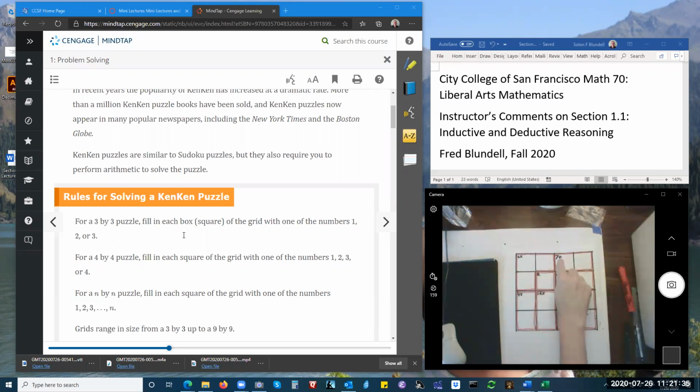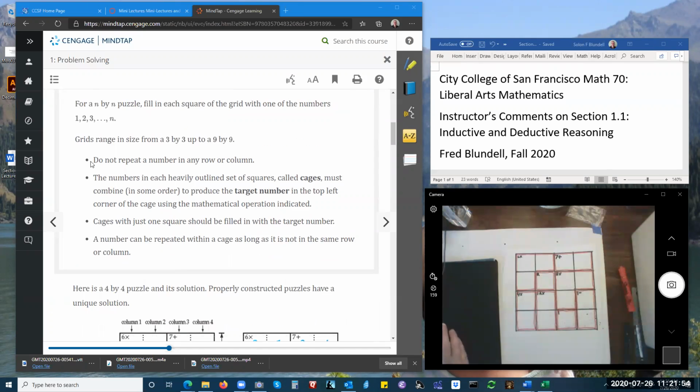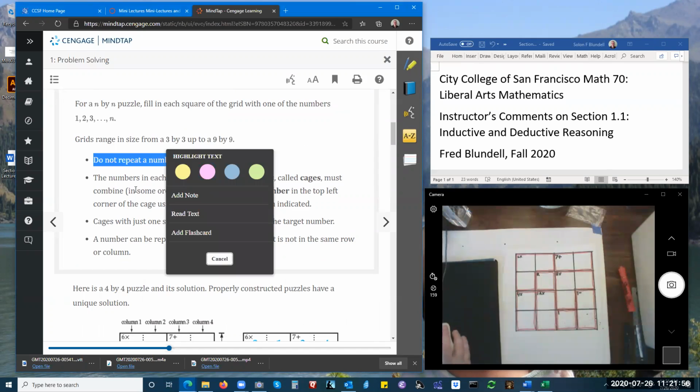This one is 7 plus, so that means you need 2 numbers in this cage that add up to make 7. This cage just has a plain old 2 in it, and so that means that a 2 goes there. All right. So the rules over here are: do not repeat any number in a row or column.